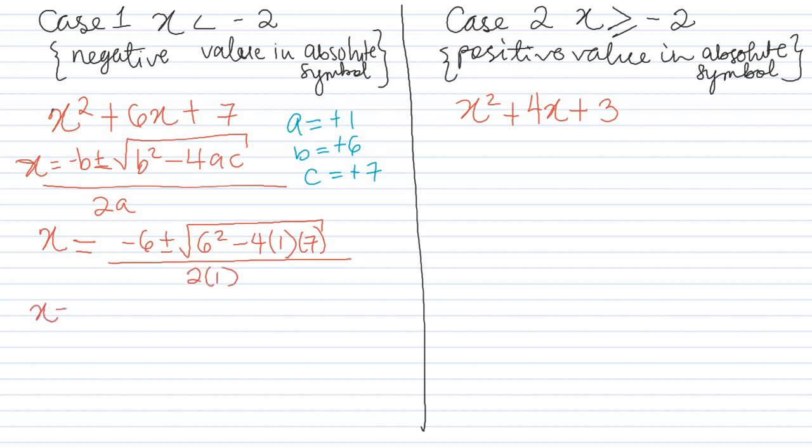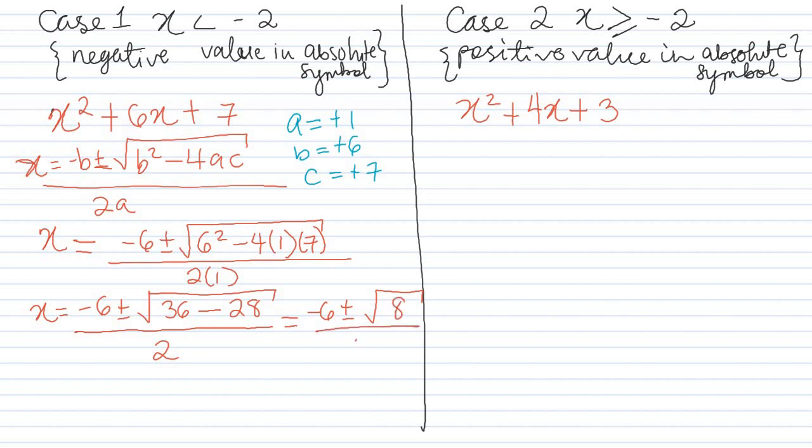So x equals -6 plus or minus the square root of 36 minus 4 times 7 is 28, okay, divided by 2. So that will be -6 plus or minus the square root of 36 minus 28 is 8, divided by 2.